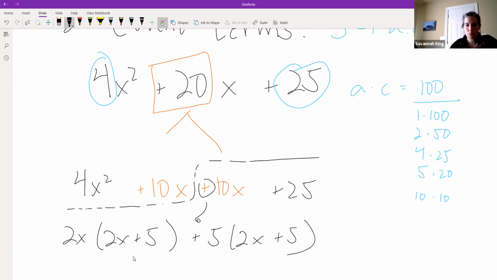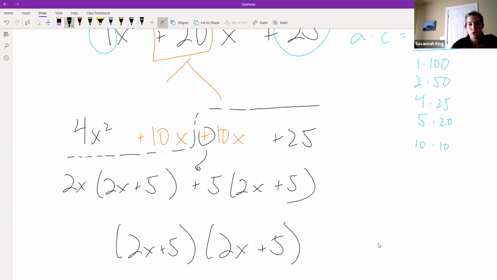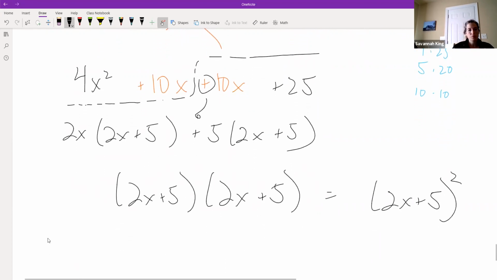Notice that as you complete this problem, you're going to get a bunch of repetition. In fact, you'll get 2x plus 5 twice, which you could leave or you could write as that, either way. When that happens to you, that is a case where the book wants you to recognize one of those optional formulas to memorize.